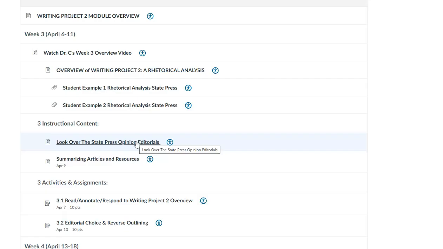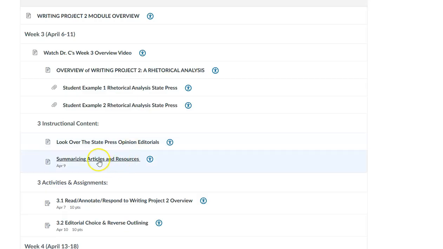You are looking over the editorials to see if you can easily recognize some of the rhetorical strategies the author is using, what kind of content they're using, and how they're appealing to their student audience. Maybe it's more interesting if you happen to like the topic, but that's neither here nor there. It doesn't matter if you agree or disagree or really like the topic or not.